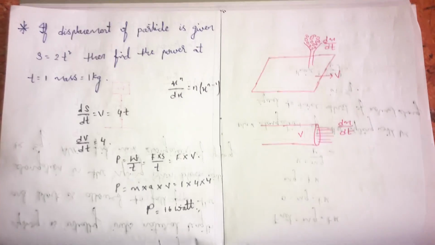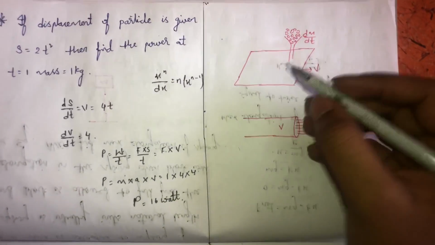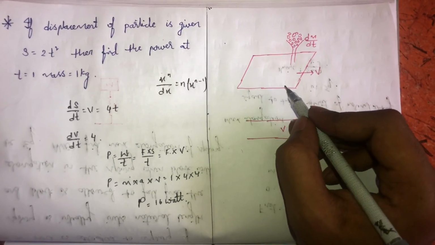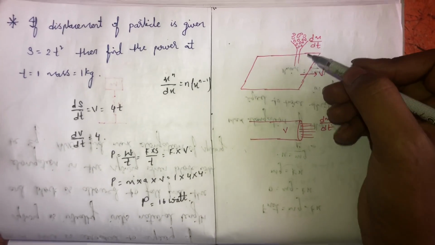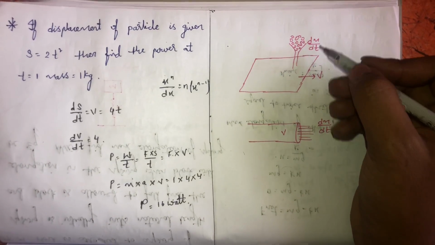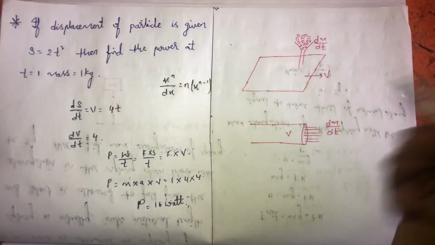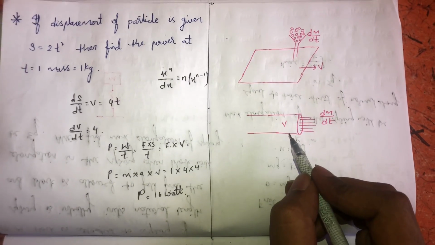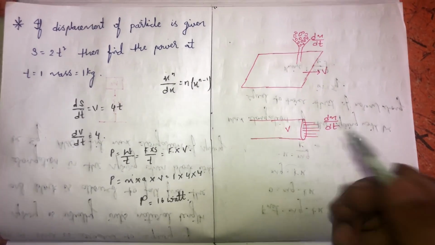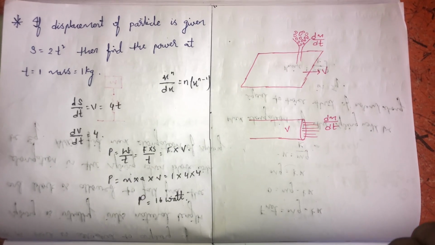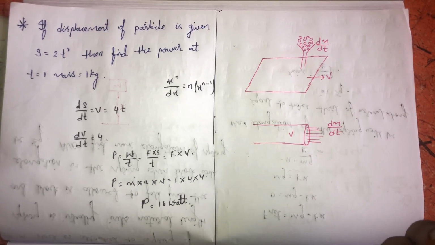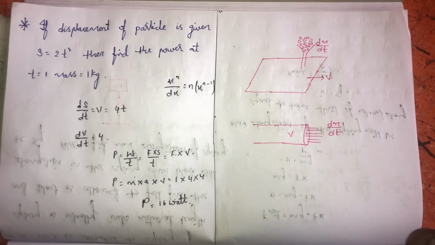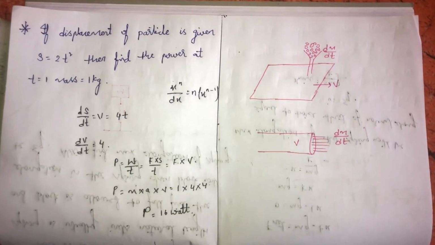That's clear. Here let's see another condition. A belt is moving with a velocity v and blocks are dropped on the belt with mass per unit time. In this condition, water from a pipe is passed out with a velocity v, and mass is given in terms of mass per unit time. Then what will be the power?